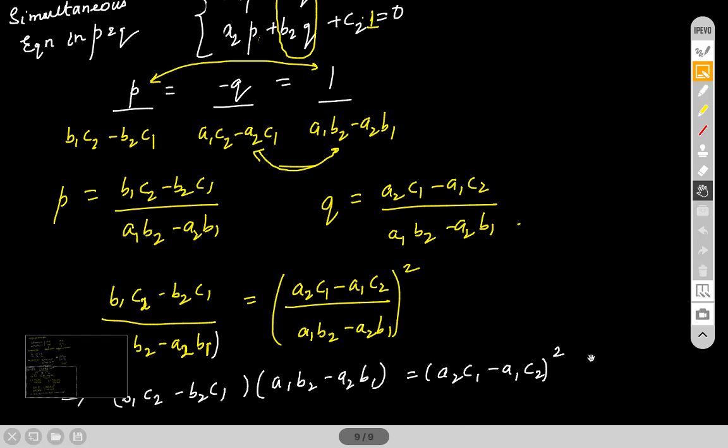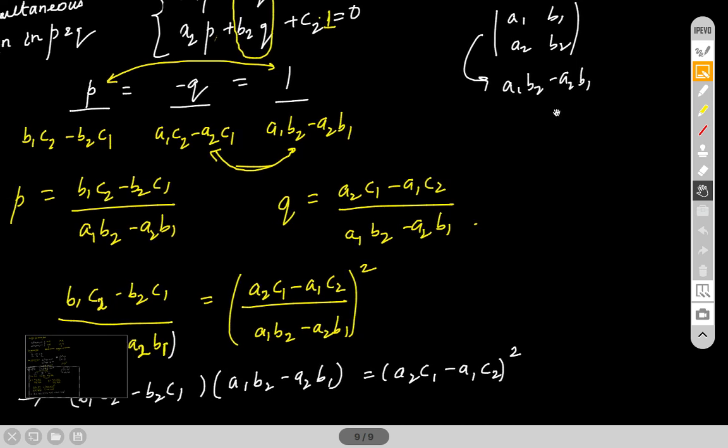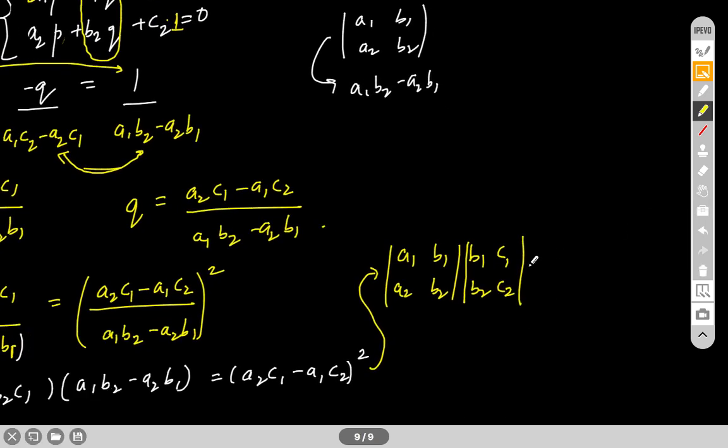Are you aware of this determinant symbol, A1, B1, A2, B2, like this? It means A1 B2 minus A2 B1. We use it for cross multiplication. Okay, fine. So the same expression here, I would write in a different, fancier way: the determinant of A1, A2, B1, B2, times the determinant of B1, B2, C1, C2, is equal to the determinant of C1, C2, A1, A2, whole square.